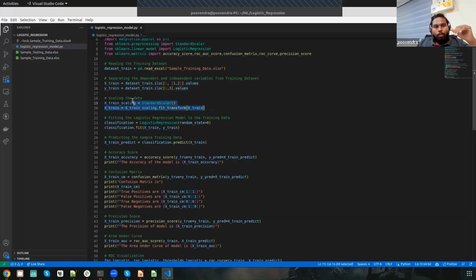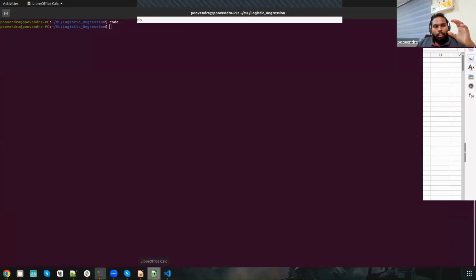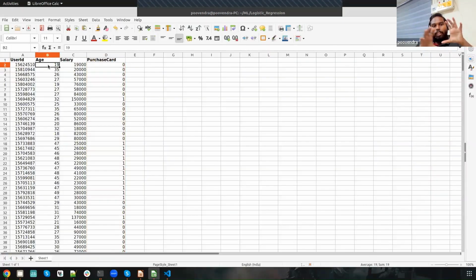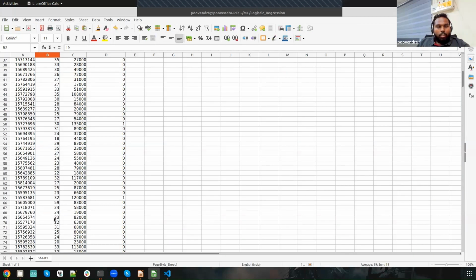Again, as I told you yesterday, we need to do some pre-processing on the data set. Here I'm doing one step of pre-processing, which is called scaling the data. Scaling is nothing but normalization of the data. Why am I doing it? If I try to plot the graph, age is around 19 to 50 years, so that range is very small.